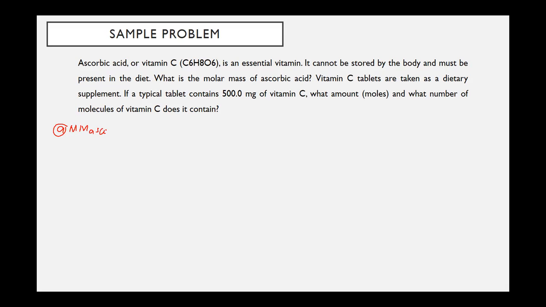So ascorbic acid will be equal to 6 times molecular weight ng carbon, which is 12.01 grams per mole, plus 8 times molecular weight ng H, which is 1.01 grams per mole, plus 6 times molecular weight ng O, 16 grams per mole.